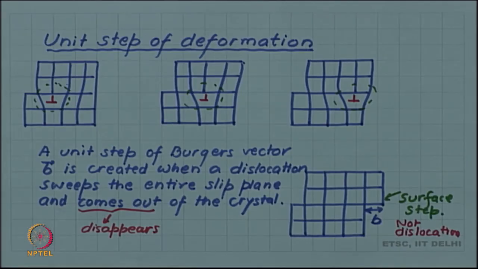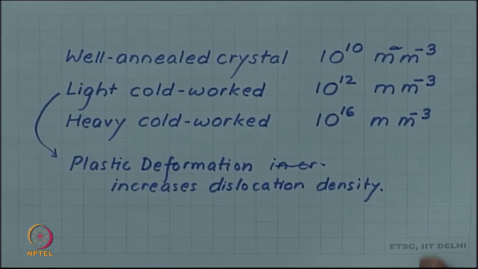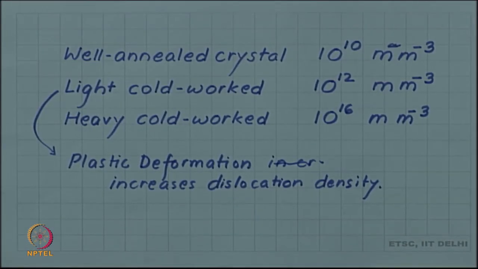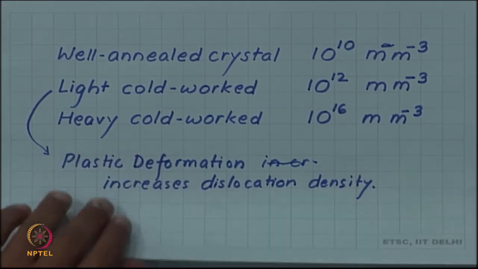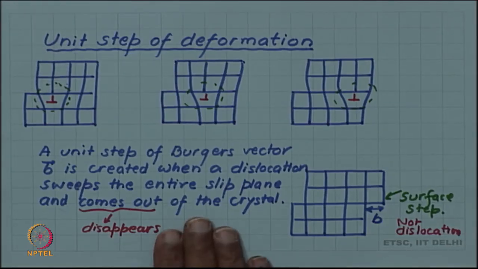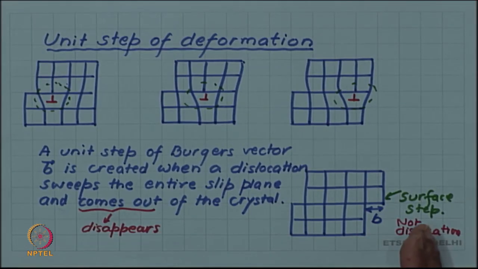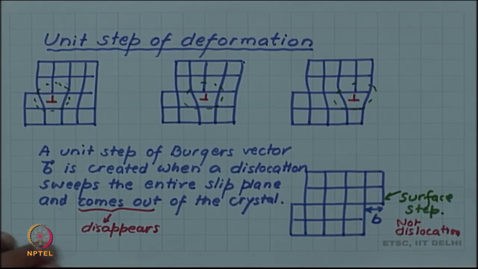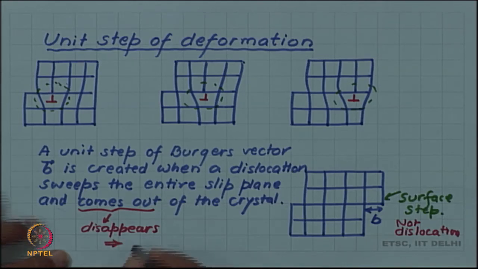This will indicate that as plastic deformation progresses and as more and more deformation happens, more and more such steps are created, so the dislocation density should come down. But we have already seen that actually in plastic deformation the dislocation density is increasing. So, these two views seem to be in contradiction: for plastic deformation the dislocation has to come out, so the dislocation density should come down, but experimentally we see that the dislocation density is increasing.